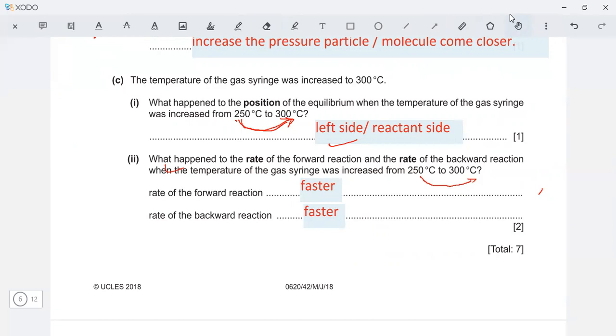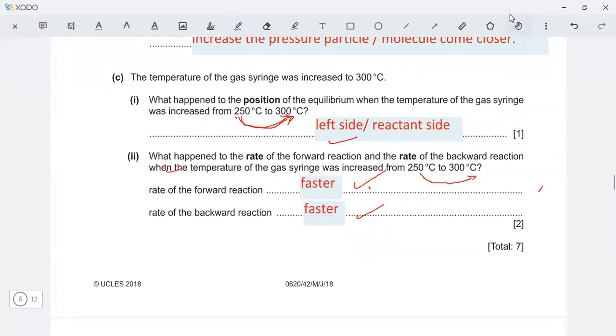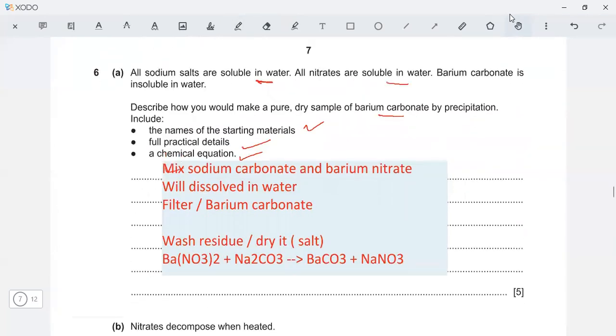They come closer, so in terms of the forward reaction and backward reaction, the rate will be faster in both directions. Why? Because the pressure was high, right? Successful collisions take place and the particles come closer, so the speed will increase in both directions. So you can write: the rate of the forward reaction will be faster, or increased, and the rate of the backward reaction will also be increased. Okay, now question number 6.